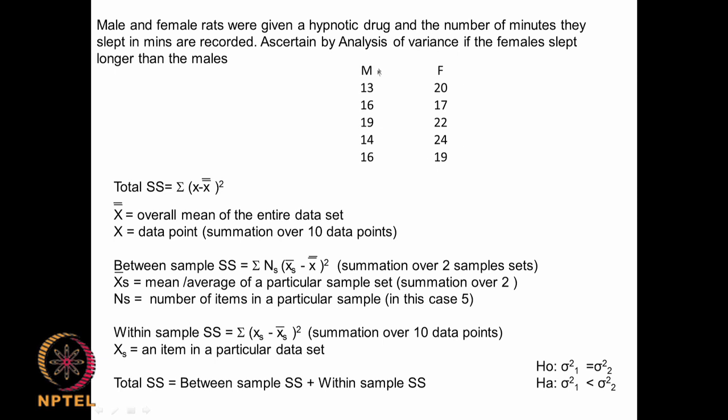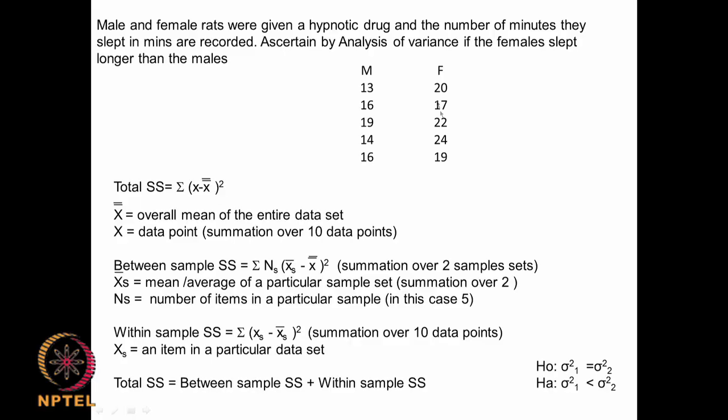That will be called between, and this variation is called within. So, we are dividing between by within to get the F value, and that is what you compare with the table. Now, the question is how do you calculate the between and within?